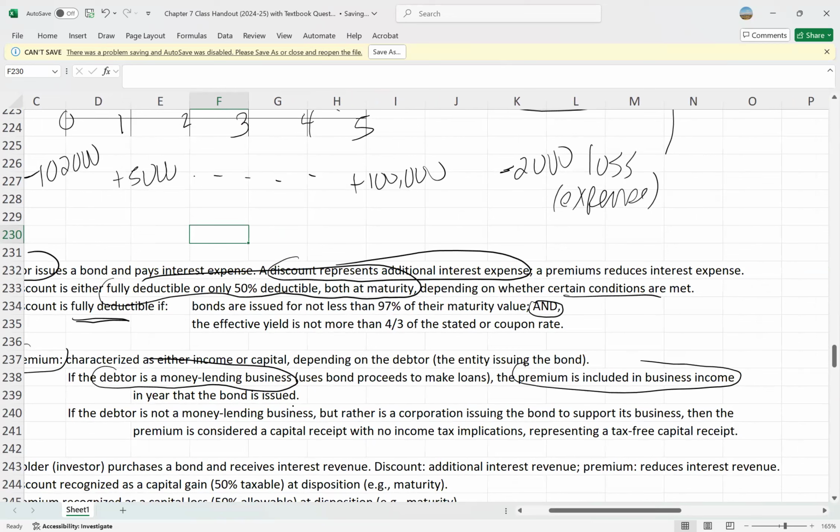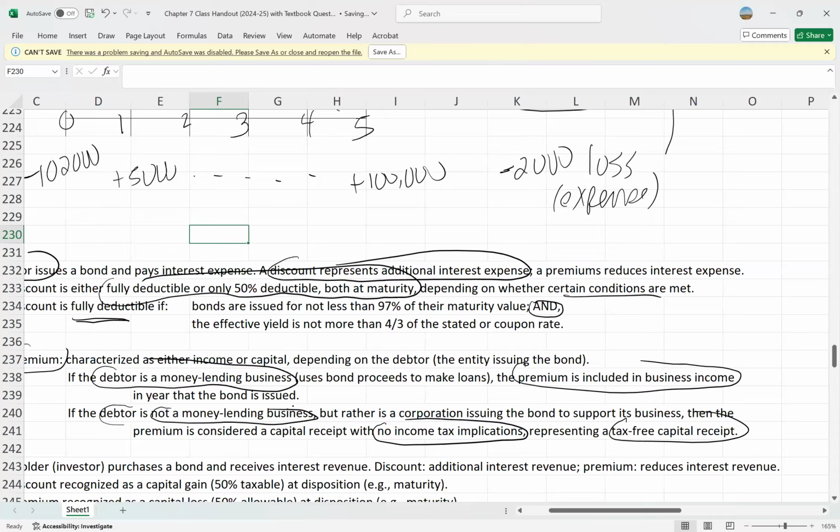So if you're a bank, if you're a money lender, then that's basically your day-to-day business. So that premium you have to include in income in the year that the bond was issued. If you're not a money lending business, let's say you're just an individual who issues a bond to raise some money, but it was at a premium, for tax purposes, that premium has no income tax implications. It's going to be tax-free. So this, again, is a difference between accounting versus tax treatment.